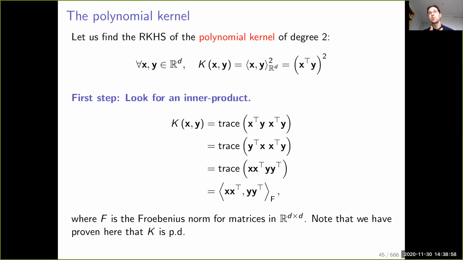And of course, you take the trace of a square matrix, which is always the case here, and just check that this property is true.